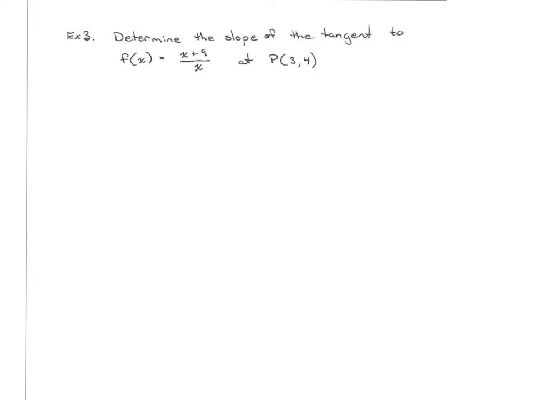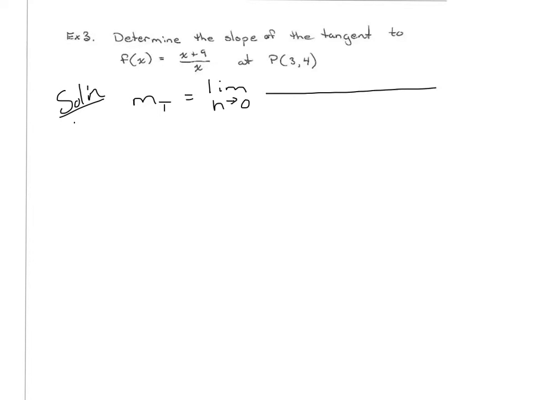So let's look at our third example here, this time doing it with a rational function. Our solution in this case is still going to go with our new general formula. The slope of our tangent is the limit as h approaches 0 of our function at our point plus h, minus the function at just our point, all over h.